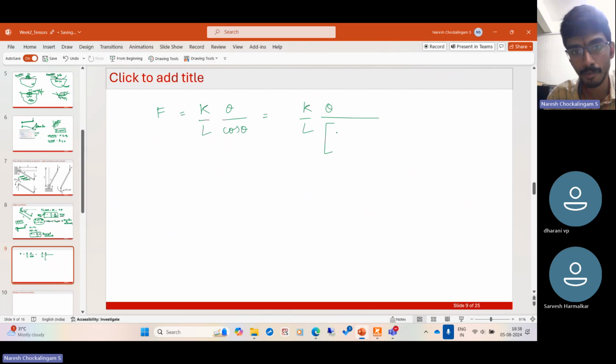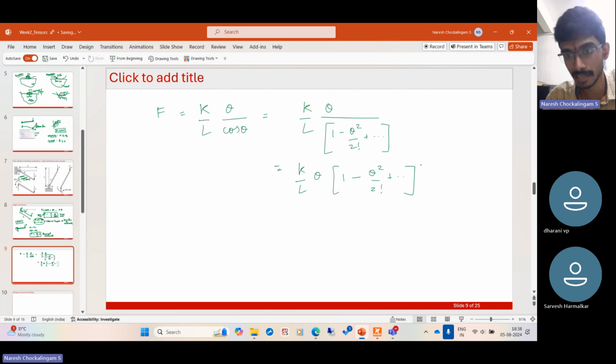You can expand it in the form of Taylor series. You get it as 1 minus theta square by 2 factorial plus higher order terms. Now you can write it as k by L theta into 1 minus theta square by 2 factorial plus higher order terms, the whole raised to minus 1. Call this entire quantity as epsilon, which is of the order theta square. Now you can write it as k by L theta.